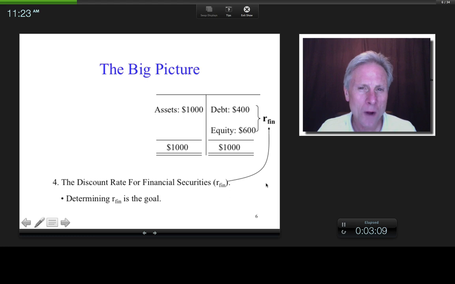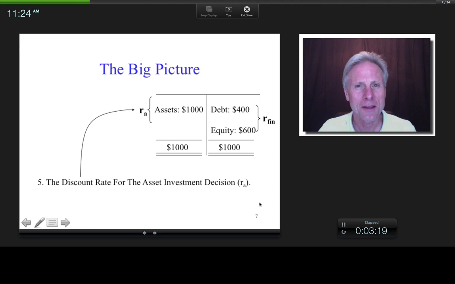And what was the primary reason, this was in Lecture 5, that we even cared about this guy? Well, the primary reason is basically what we're about to do today, and that is that you cannot understand the discount rate for the asset investment decision unless you have an understanding of the discount rate for financial securities. Why is that?